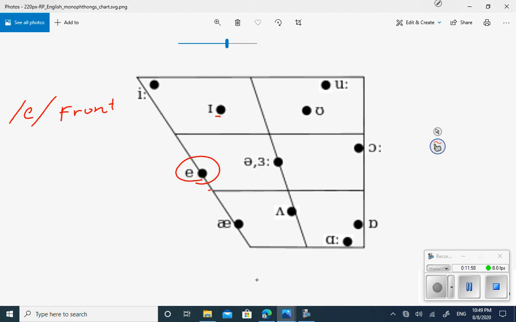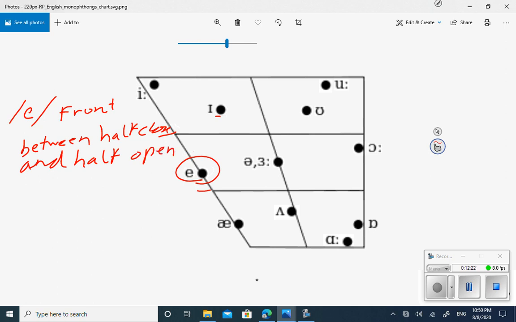It is between half close and half open. Is it a short or a long vowel?